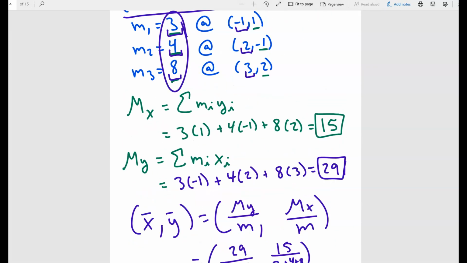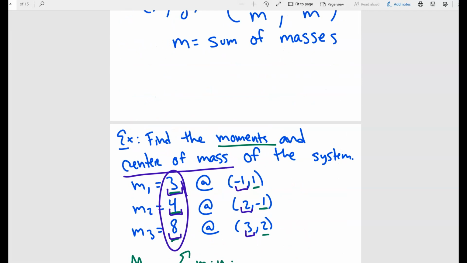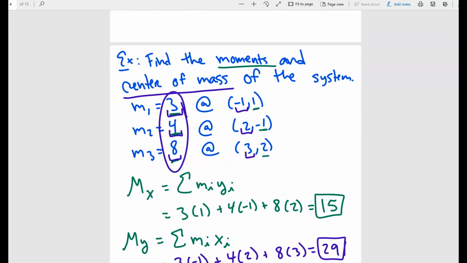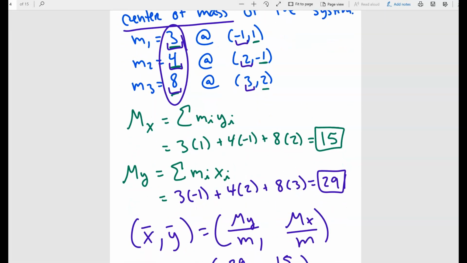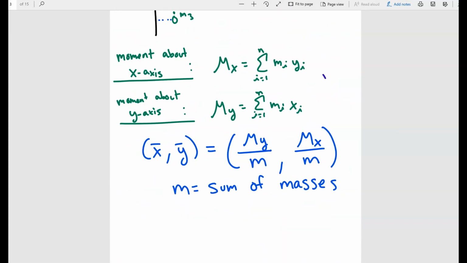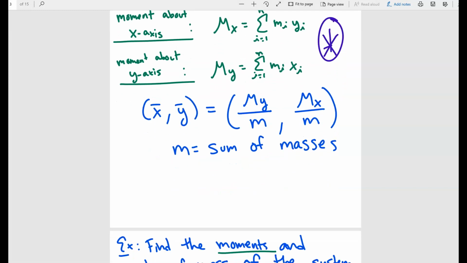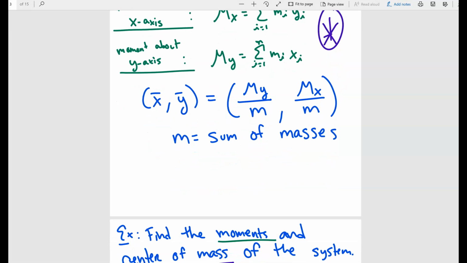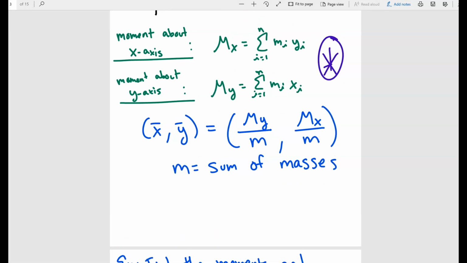I think the 1D and the 2D discrete cases are very self-explanatory. The only thing that's a little bit tricky is these formulas. And on an exam, you will actually be given these formulas. You wouldn't have to memorize them, because you can see that even I get a little bit tricked. So what I would suggest is to think about, for example, the moment about the y-axis. Think about the x component.